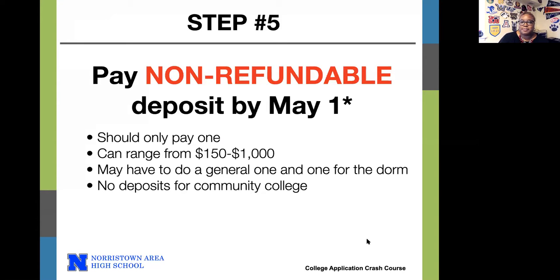Once you are accepted, they're going to put together what's called a financial aid award letter, but you will not get that right away. So some of you who are going to do, from what we talked about last night, an early action application or early decision application, or you just are applying early, some schools may give you an award letter in December or January, but most of your letters will not come until February or March.